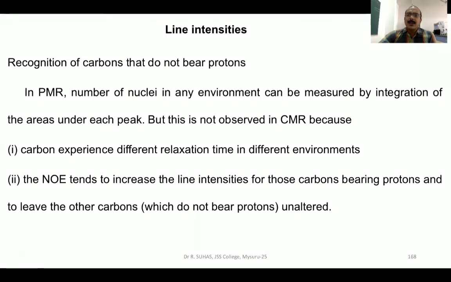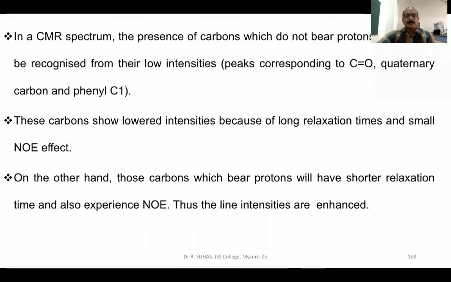That means you will get very good narrow peaks or multiplets. Whereas carbons such as carbonyl carbon, quaternary carbon or C1 of phenyl will not show very good intensity, because those carbons do not bear any directly attached proton. As a result, there will be less NOE. The lesser the NOE, the lesser the line intensities.